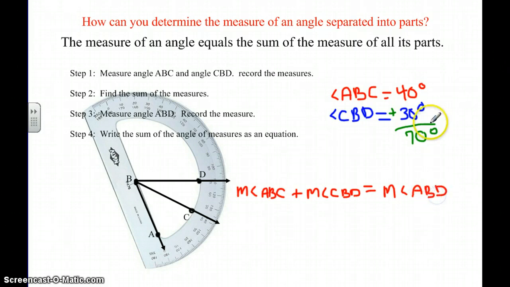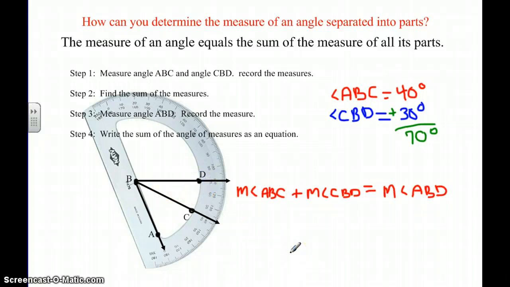And you just proved that up here. Okay, you just said angle ABC equaled 40 degrees and angle CBD equals 30 degrees. And then this green here is the total, which is 70 degrees, which is the measure of ABD.